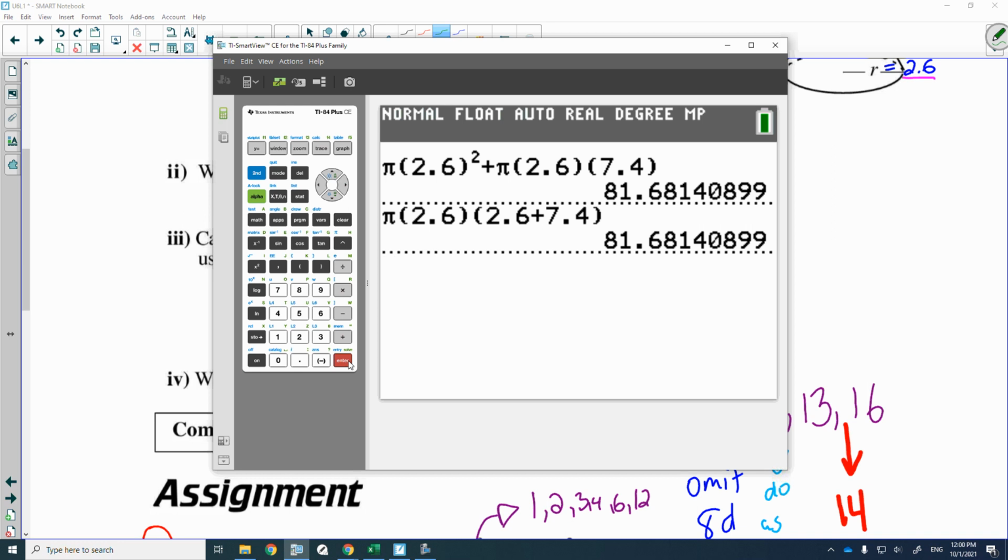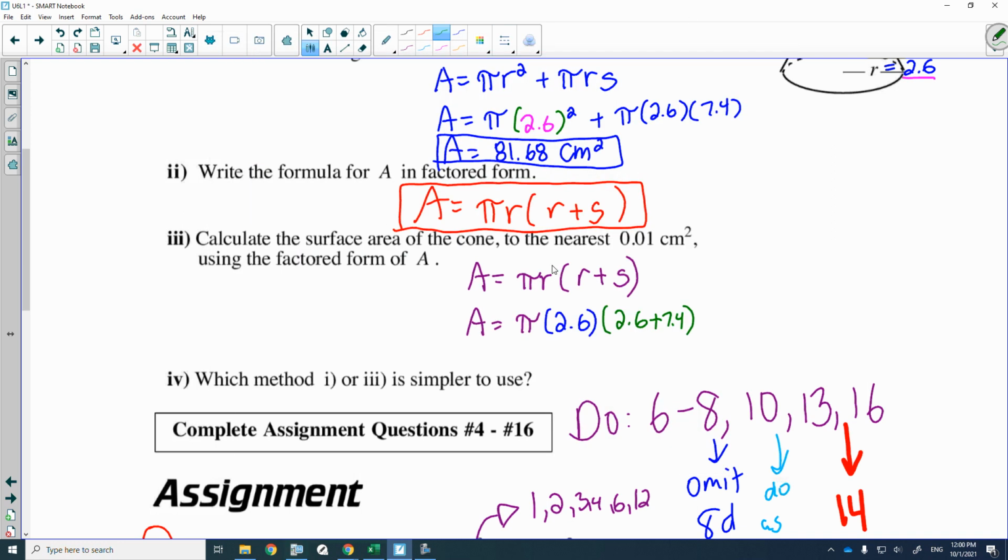Because from my factored form, I could redistribute this back in and get the original equation. So you will always get the same. If I give you numbers to check, I say verify r is 2, s is 3, you will get the exact same answer. So area equals 81.68 centimeters squared.